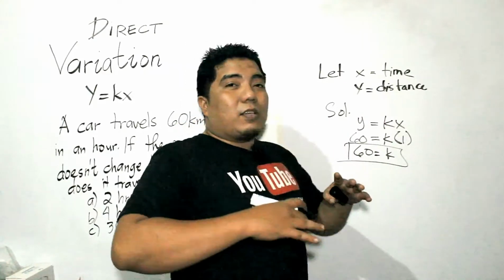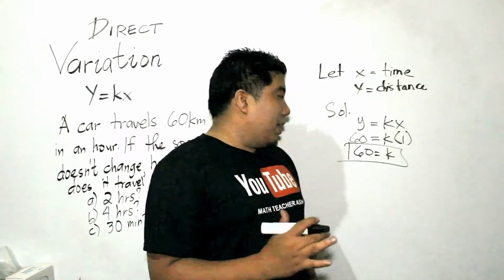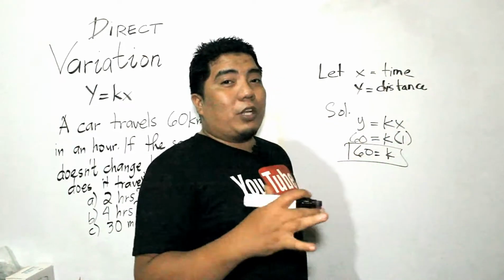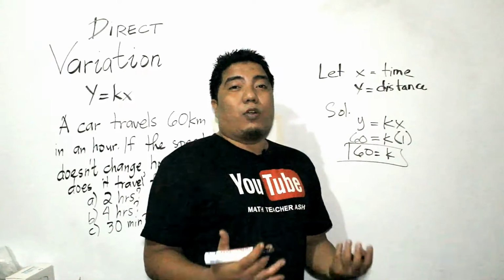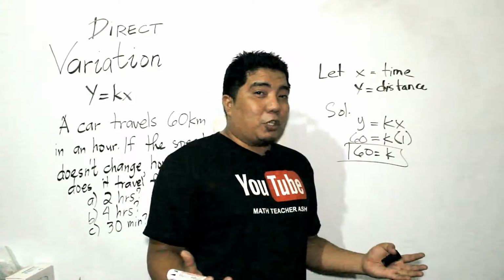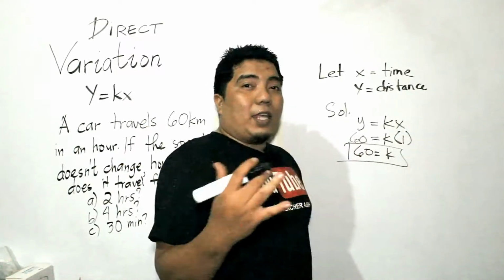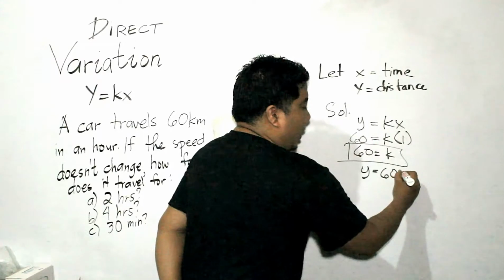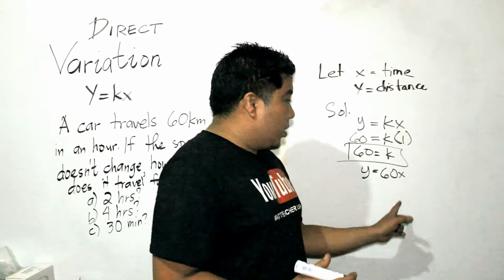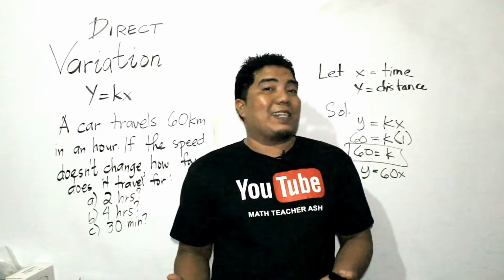Now, based on this scenario, if you have the value of your k, then you can make an equation out of this. So you have y is equal to kx. That is your overall equation for direct variation. But for this particular scenario, we can make an equation, and that is y is equal to 60x. Of course, we just need to change our time so that we can have our distance.